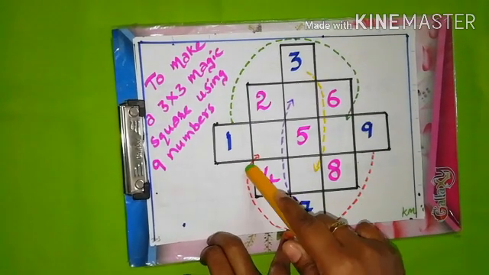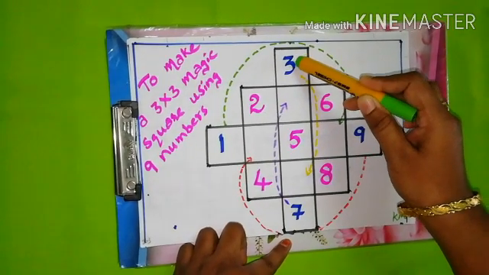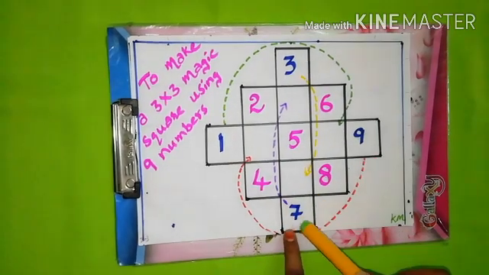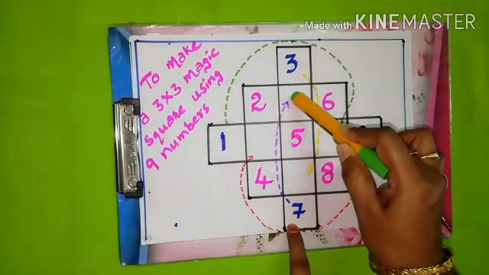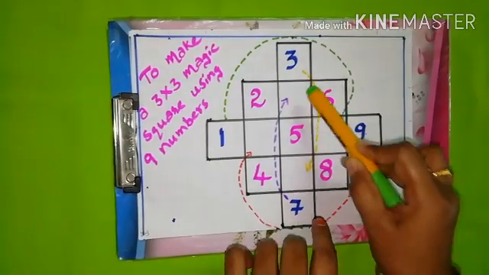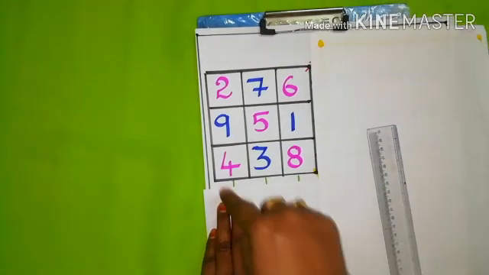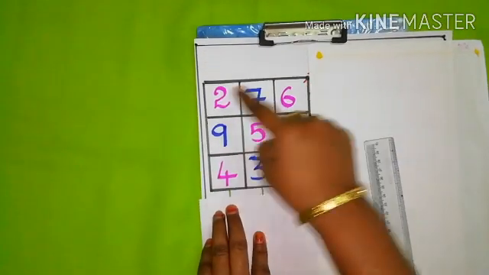Follow the arrow mark, please. Next, the number which is in this projection is to be shifted into this box. The number which is in this projection is to be shifted into this box. After arranging the digits, we will get this type of square grid where the shifted numbers are written.